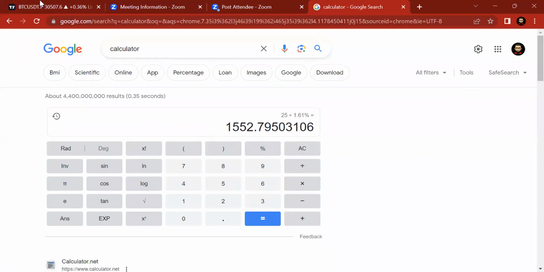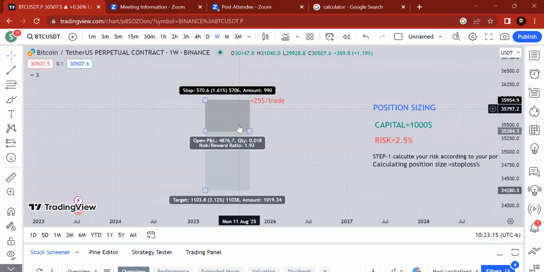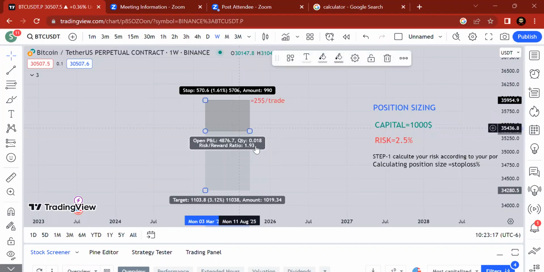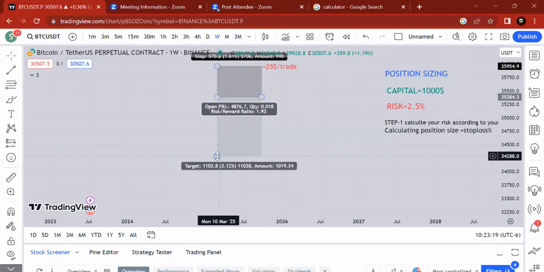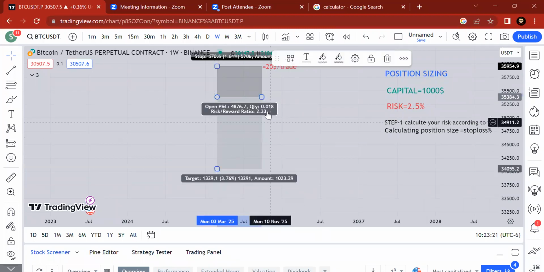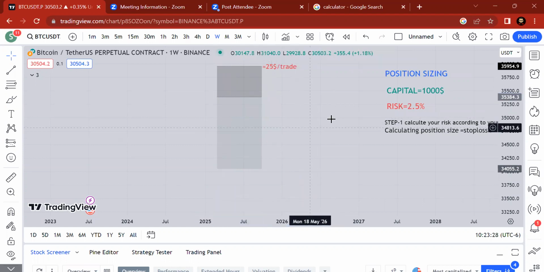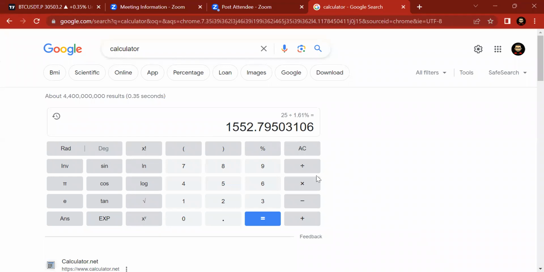If you put this in this trade, you will lose $25. What will be the reward? Suppose the risk reward, the RR, is 2.33. You already know, multiply by 2.33. 25 multiplied by 2.33 is $58.